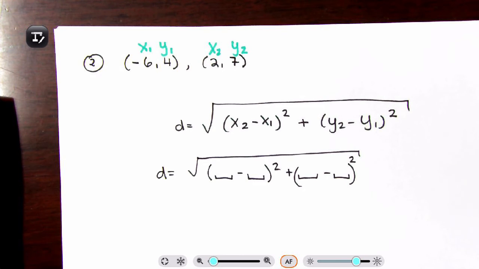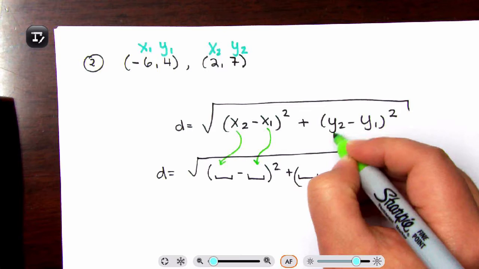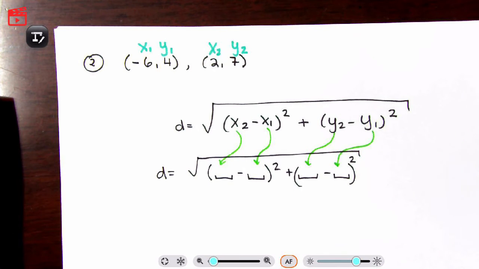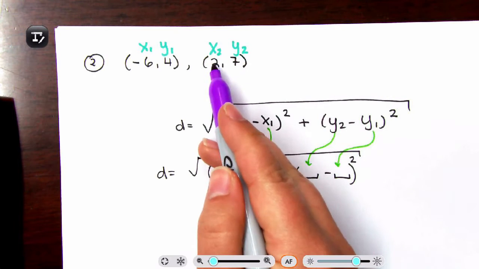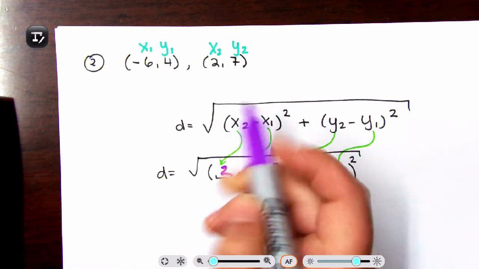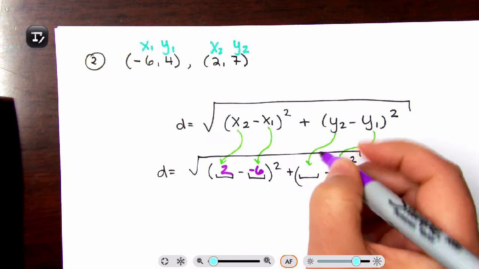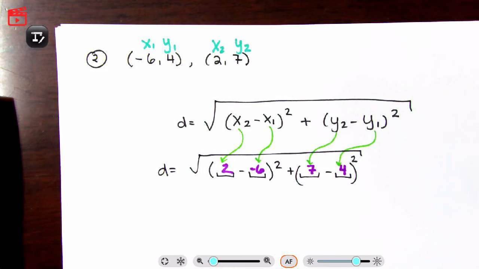So what do we have? We have x2 here, x1 here, y2 here, and y1 here. Make sure you have your minus already pre-written, minus and minus. So let's see what numbers we have. We have x2 being the number 2, x1 is the number -6, y2 is 7, and y1 is 4.